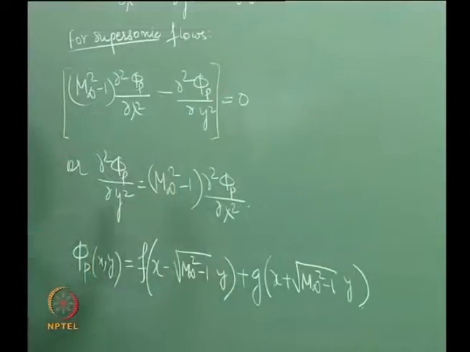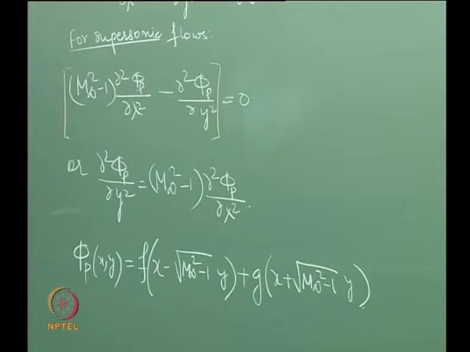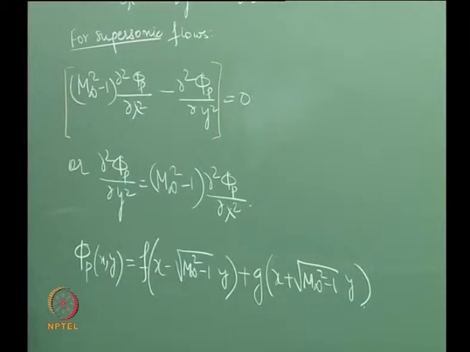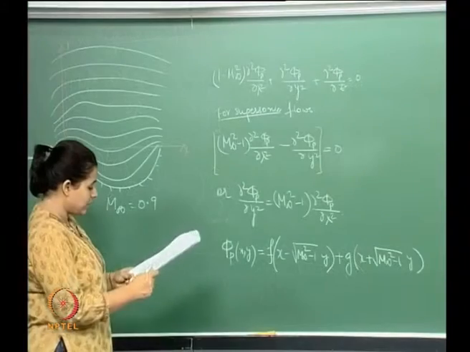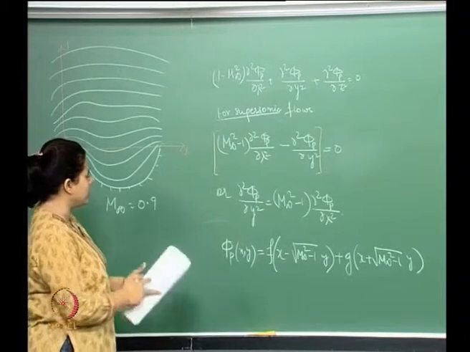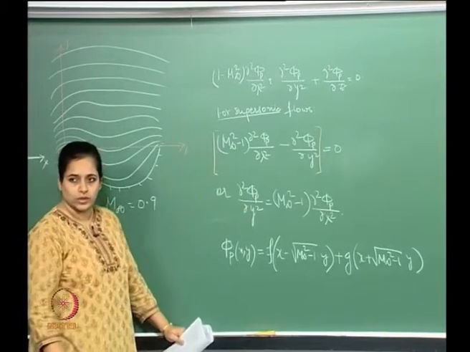So this is our typical solution for an equation like this. Right. So now we used a method of separation of variables for the subsonic case. Now, in this case, however, this is the wave equation. So we have a solution which will look like this. Now, let us again go ahead and find an expression for this.